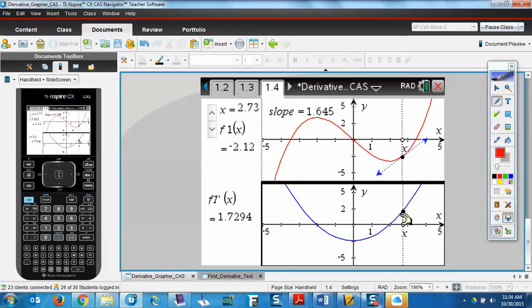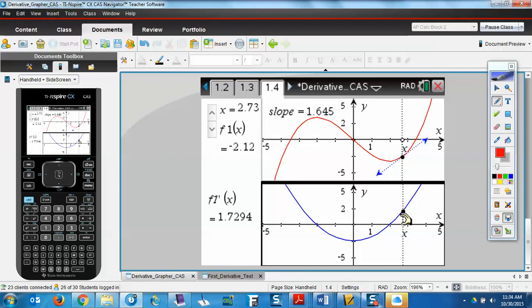That is the gist of what you just discovered on that worksheet. It is called the first derivative test. Test for what? It's a test for local max and min. It says that if the derivative is 0 or if the derivative is undefined, you might have a local max or min.